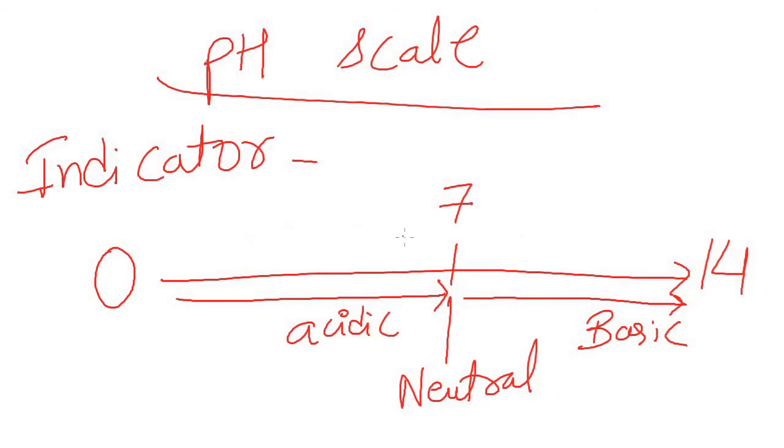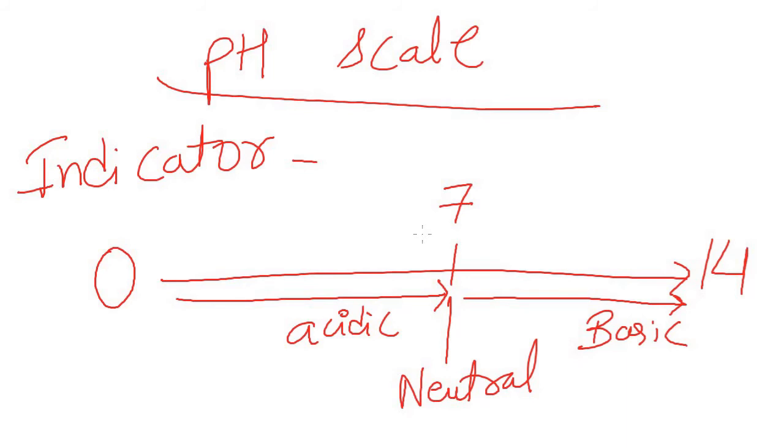A solution which has a pH of 6.8 is more acidic than a pH of 6.9, right? For example, a pH of 2 is more acidic as compared to a pH of 5 or 6.5 or 6.9. And then a pH of 7.2 is slightly basic, and a pH of 14 is highly basic. So remember how the pH scale goes, because that's important.